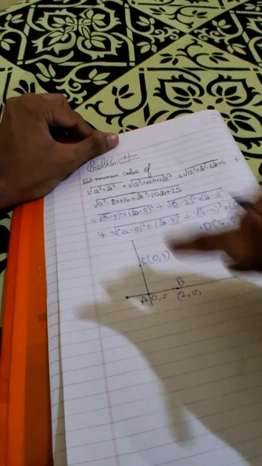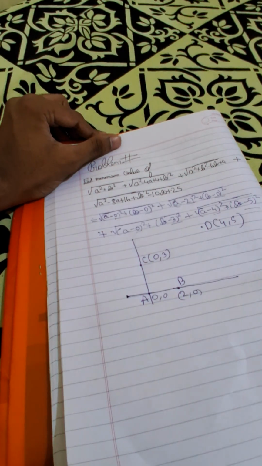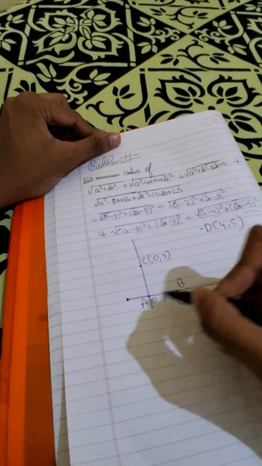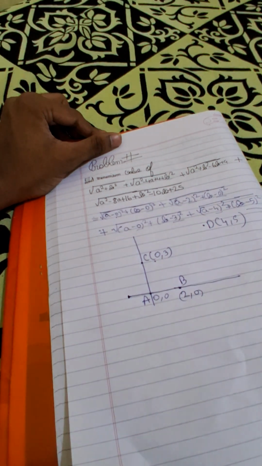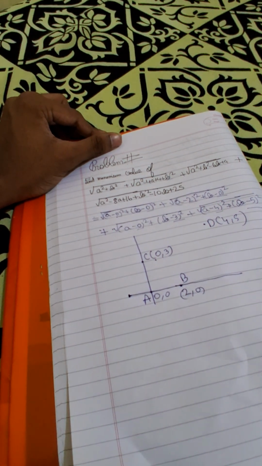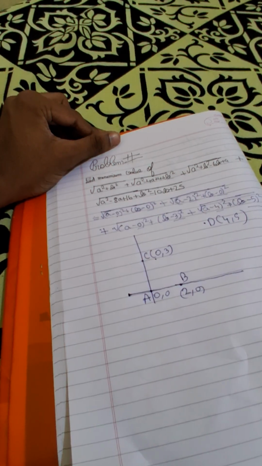Now the point (a, b) lies in this plane such that its distance from (0, 0), (2, 0), (0, 3) and (4, 5) is minimum. Now let's find out where this point (a, b) would be.